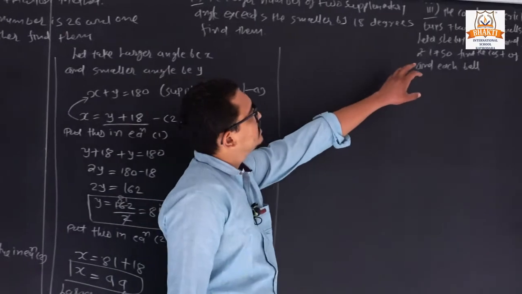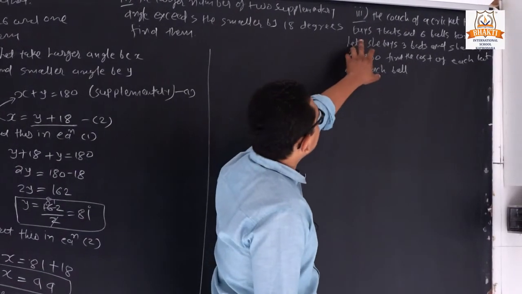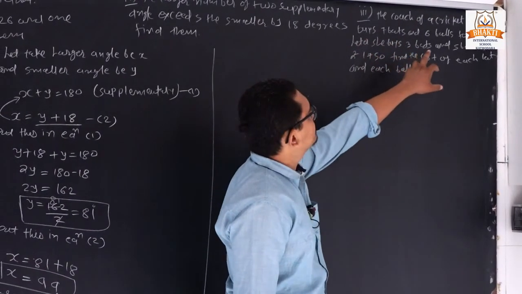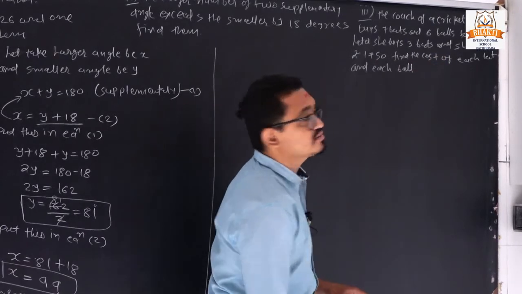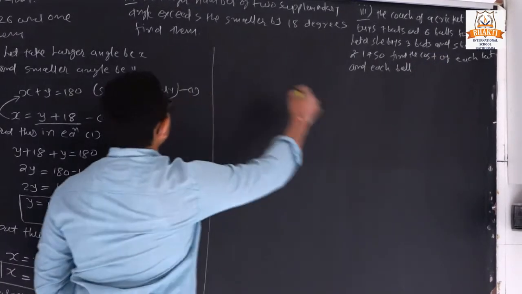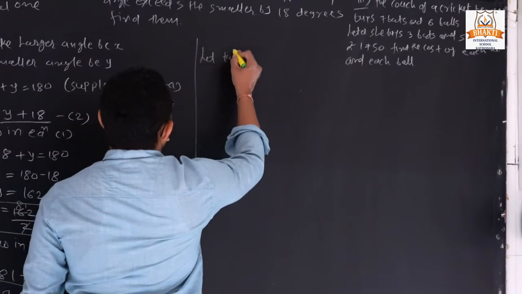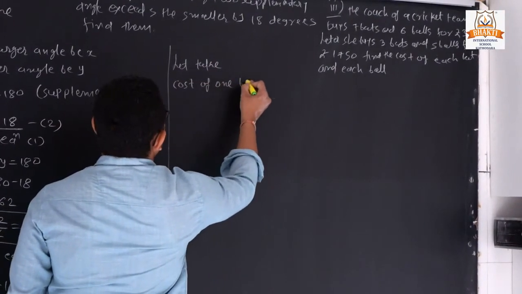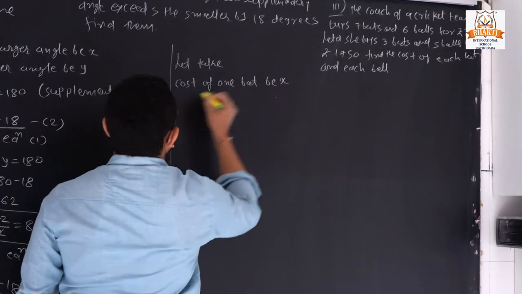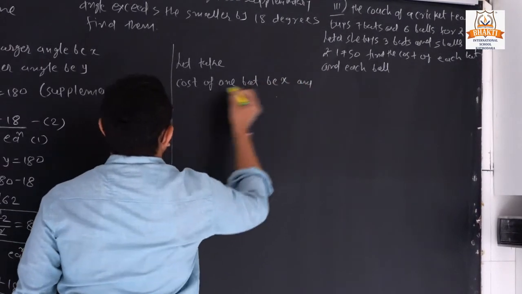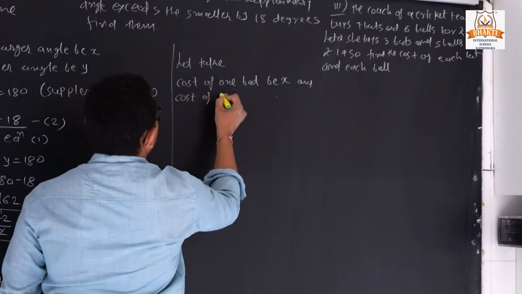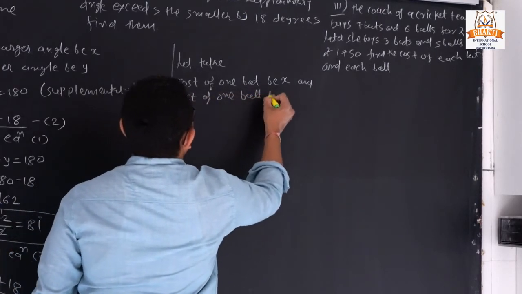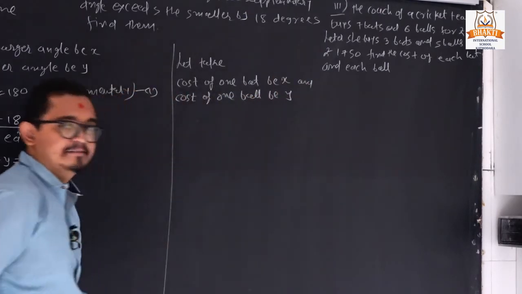Now next, third, the coach of a cricket team buys 7 bats and 6 balls for rupees 3,800. So let the cost of 1 bat be x and the cost of 1 ball be y.